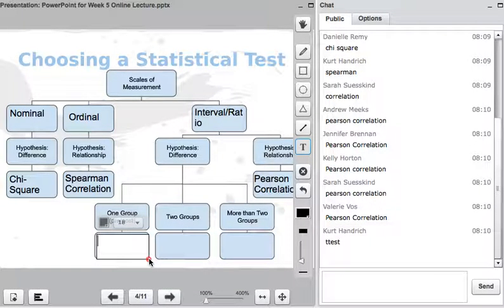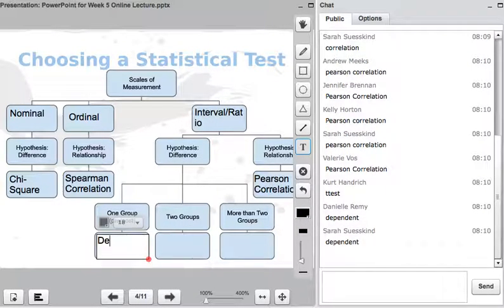What type of t-test? Perfect. A dependent t-test. Now, dependent is when you have a pre-post test. We'd also talked in the past about one-tailed or two-tailed. Now, that really doesn't fit well into this flow chart.